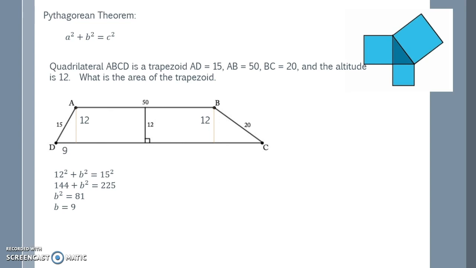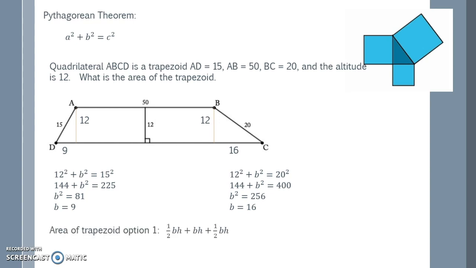Following the same pattern for the other triangle, I will have 12 squared plus b squared is 20 squared, or 144 plus b squared is 400. Subtracting 144 gives me b squared equal to 256, and the square root of 256 is 16. So the length of this leg is 16.